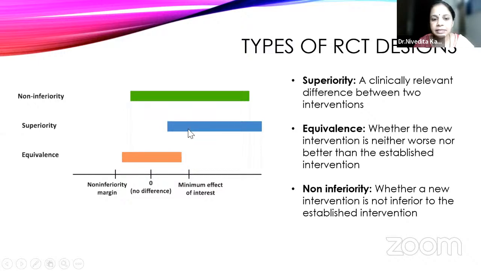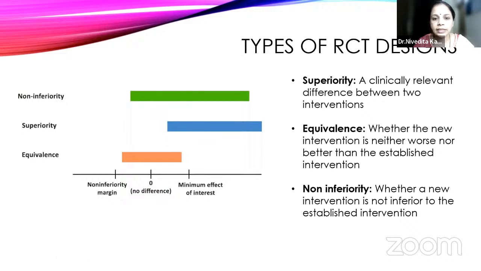If the 95% confidence interval of the new therapy lies beyond the line of no difference and the line of minimum effect of interest, it is a superiority trial. But if it extends beyond the non-inferiority margin, then it is a non-inferiority trial.